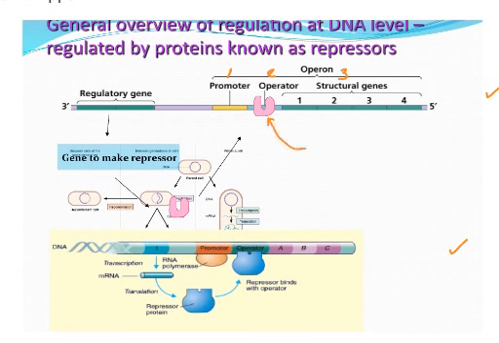This pink structure right here is known as a repressor. A repressor is constantly being made, and notice that it actually binds specifically to the operator. And the operator is one of three portions of the operon as a whole.